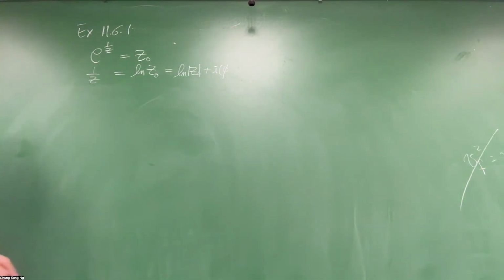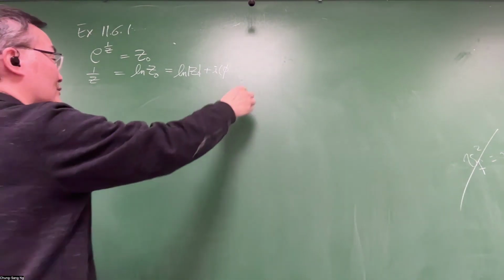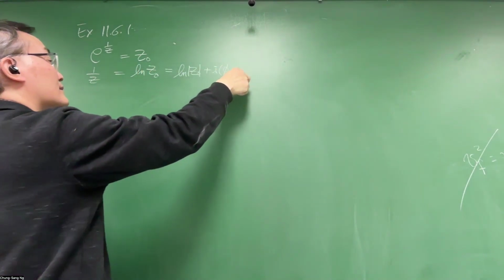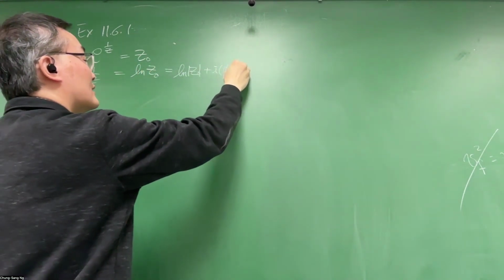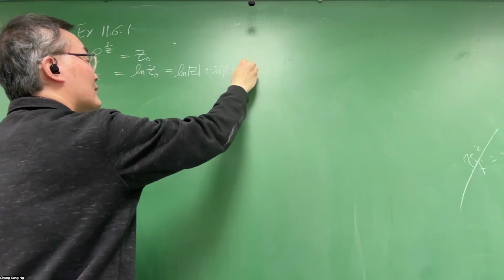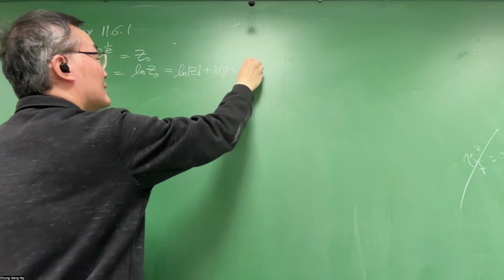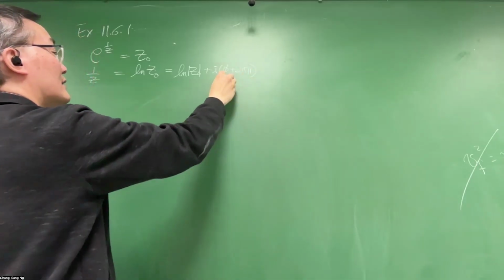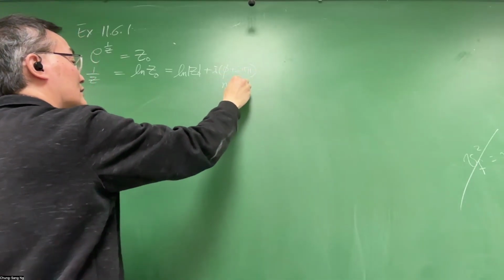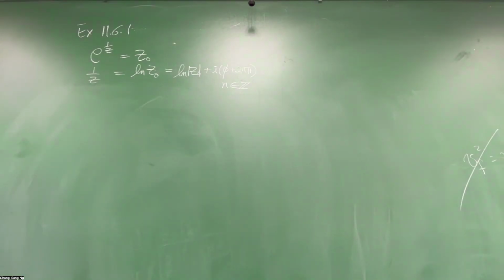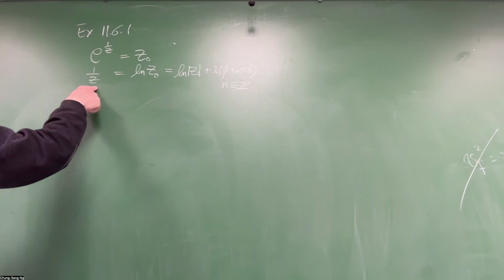But then the angle can increase by any integer multiple of 2 pi, and you get the same complex number. So there are infinitely many n, with 2n pi, and n is an integer.